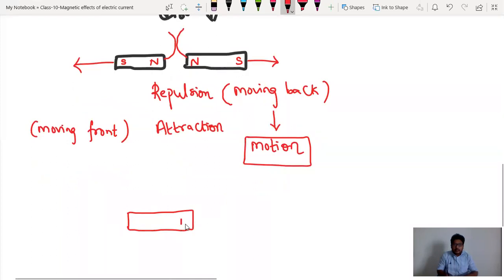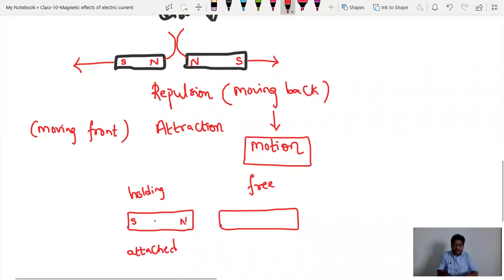and consider this is North Pole and South Pole. If you place another magnet here, consider this magnet which we are holding tightly. This magnet is free and this one is attached.